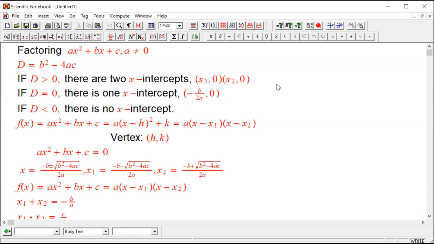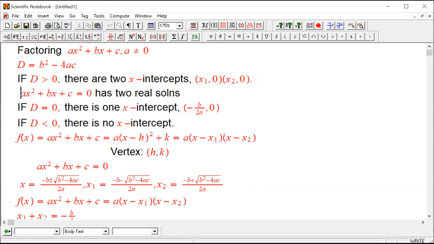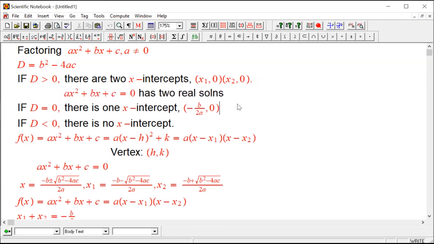Now, in terms of solutions. The quadratic equation has two real solutions in this case, two real number solutions, which are x1 and x2.